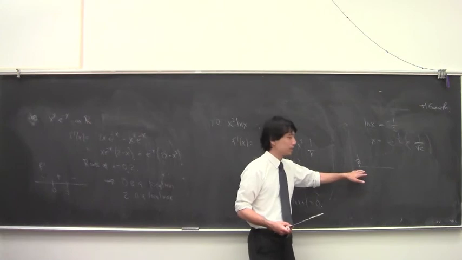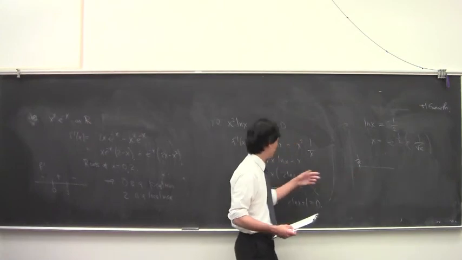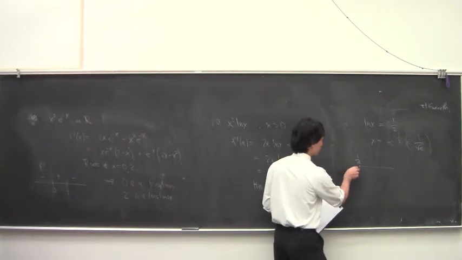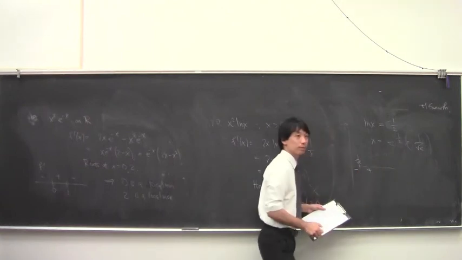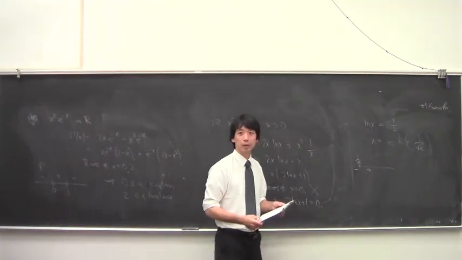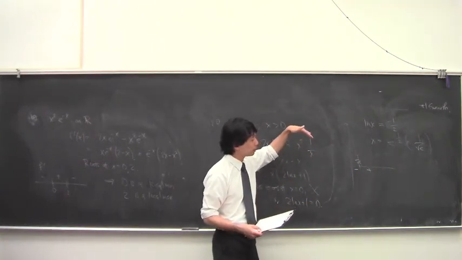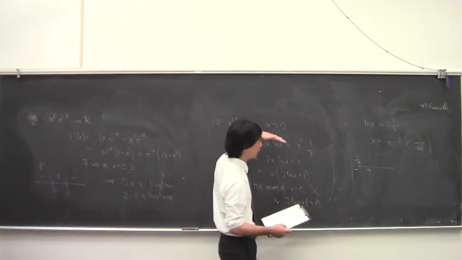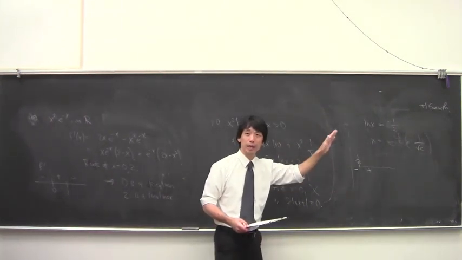So again, that doesn't change the sign. So you're going to be negative before, and you're going to be positive after. Okay. So what does that give you? The original function is decreasing before and increasing after.